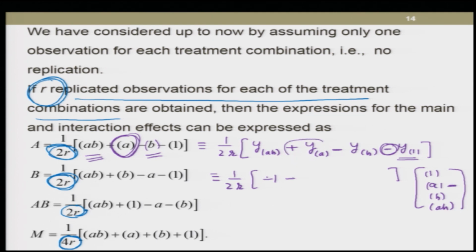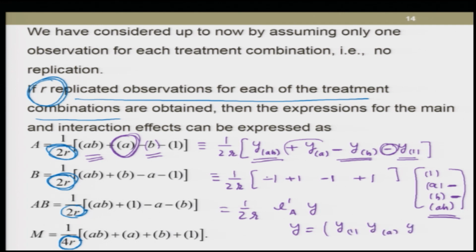So I can write 1 upon 2R times this L vector, which corresponds to the main effect A. I write LA prime, and this is my vector Y, consisting of Y1, YA, YB and YAB.